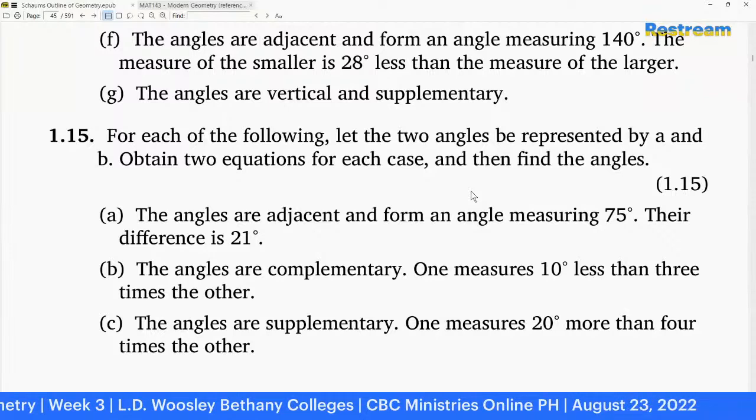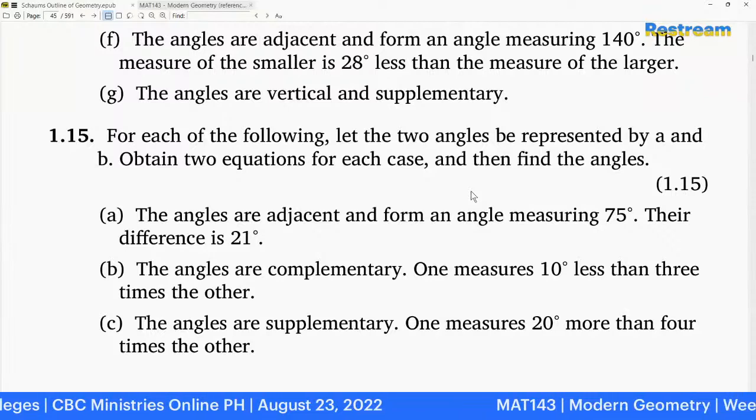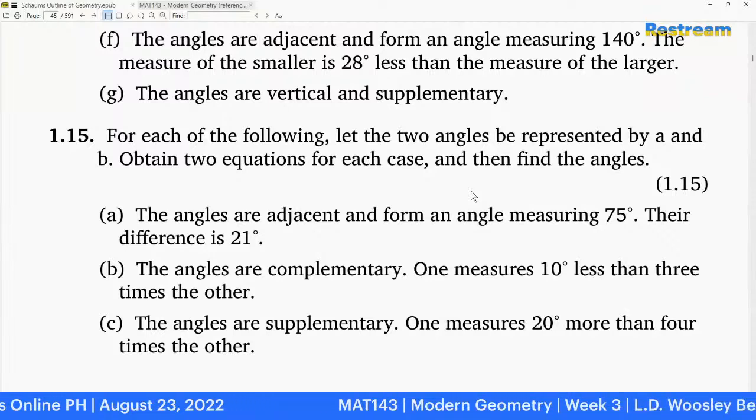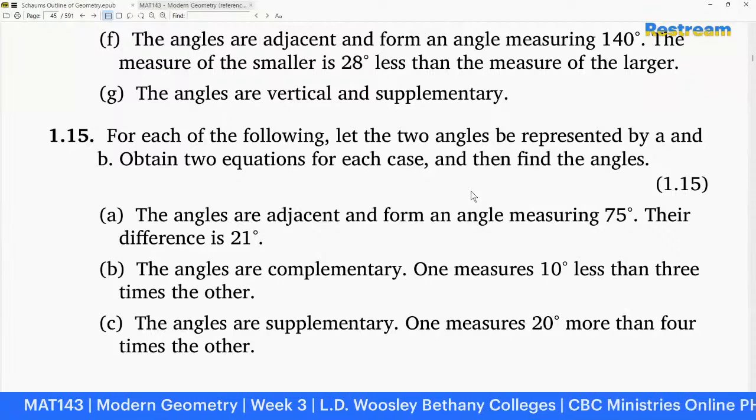Sige, I'm giving you, again, 3 to 5 minutes for this. So, Micaela will answer letter A. Letter B is Gillian, and Hazel letter C for 1-15.